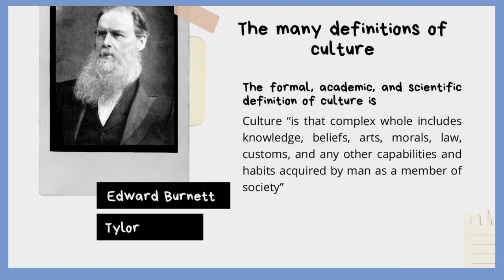His world-renowned work was entitled Primitive Culture, which was influenced by Darwin's theory of biological evolution. His definition of culture is that it is a complex whole which includes knowledge, beliefs, arts, morals, law, customs, and any other capabilities and habits acquired by man as a member of the society. This is the formal, academic, and scientific definition of culture.